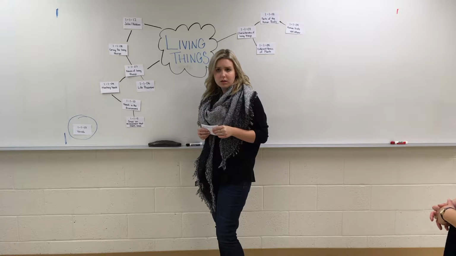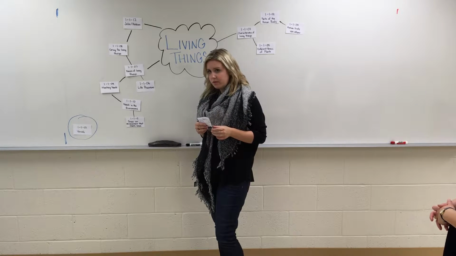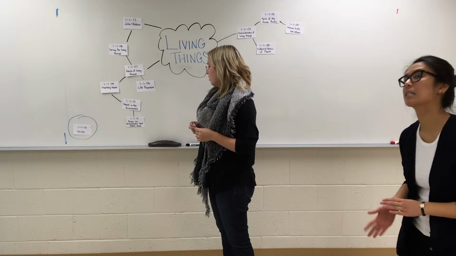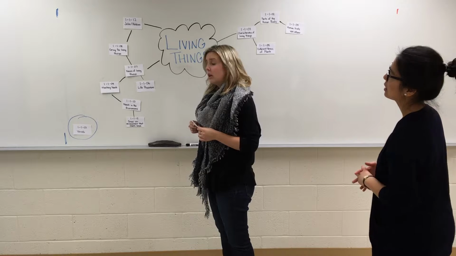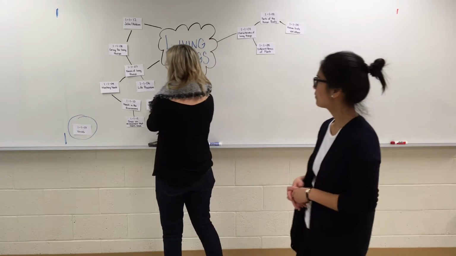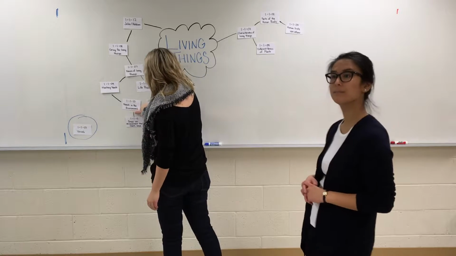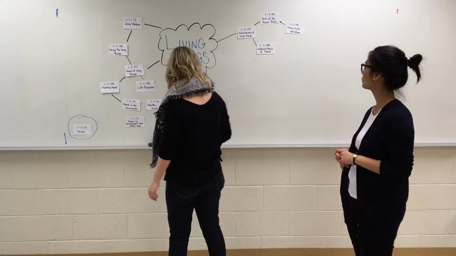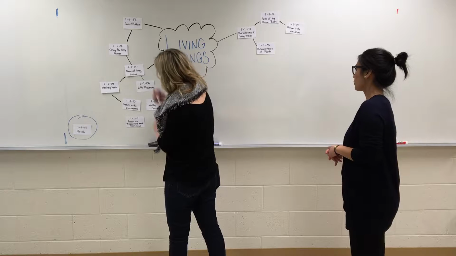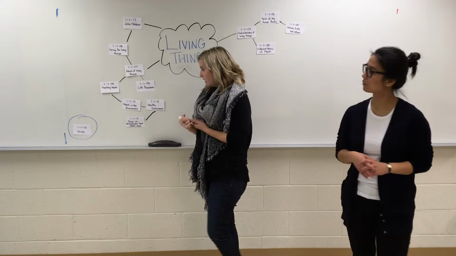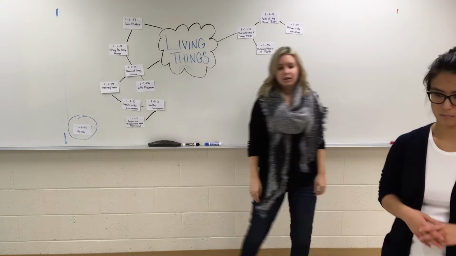Well, do you guys think that that's something that we should introduce before we have them draw an environment? Yes. So you think maybe it's a stepping stone before we do the activity? So do you think I should erase this line and draw it off of this one? That's what I think would make more sense, so they have more knowledge on the subject. Okay. How's that look? I think that looks great.